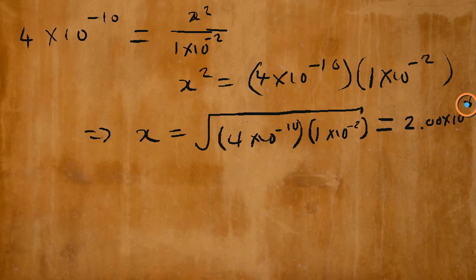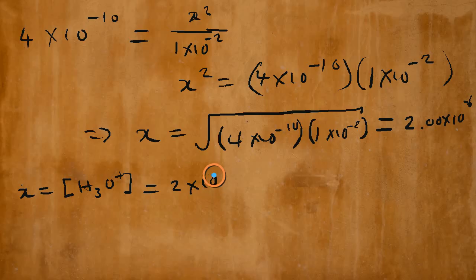So we have a concentration, and this concentration happens to also be the concentration of H3O plus. So we can then say that x is equal to the concentration of H3O plus, and this is 2.00 times 10 to the negative 6 mole per cubic decimeter.